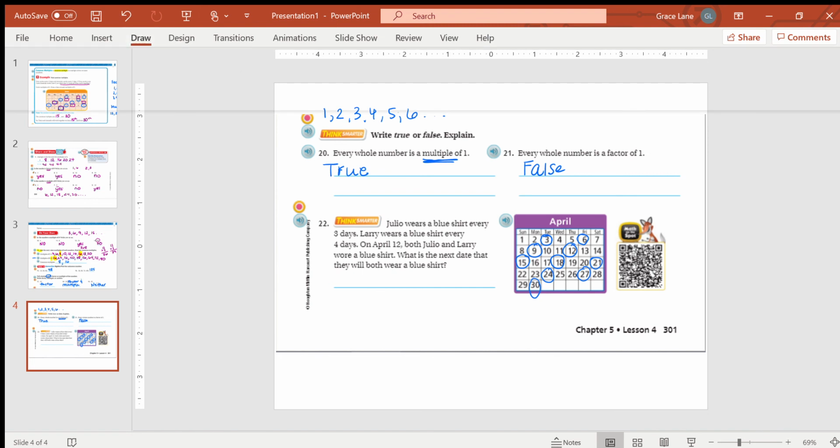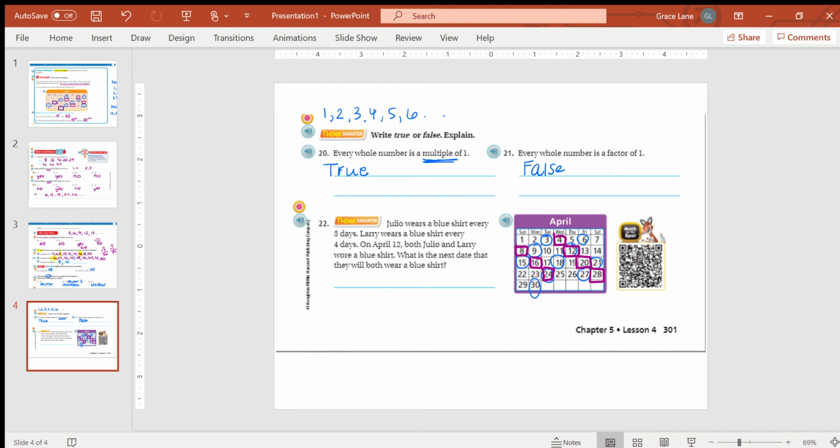I'm going to put a box around the multiples of 4. Count by 4: 4, 8, 12, 16, 20, 24, 28, and I think that's the last one on the calendar.